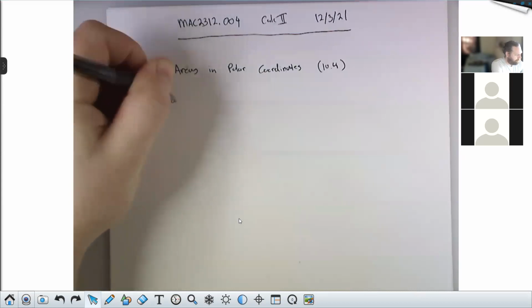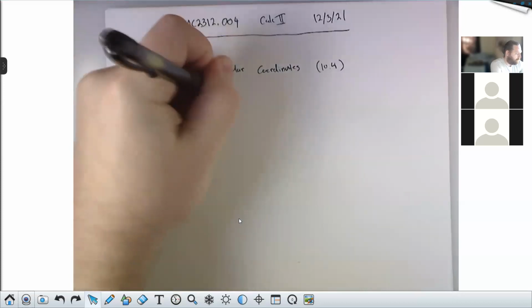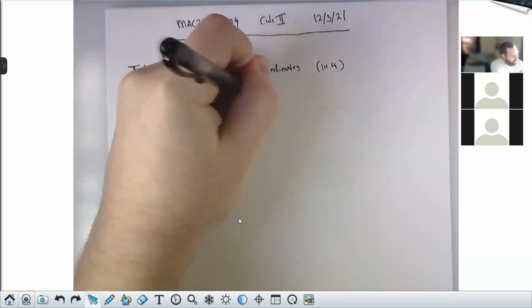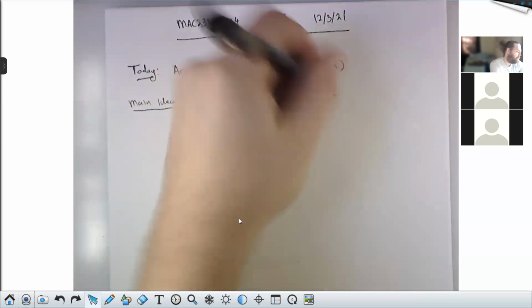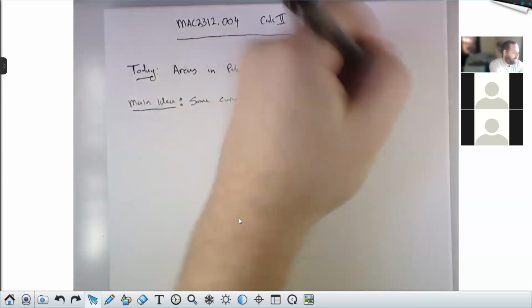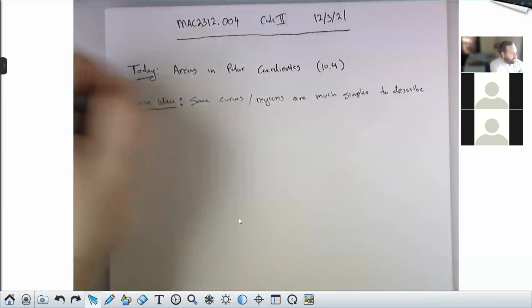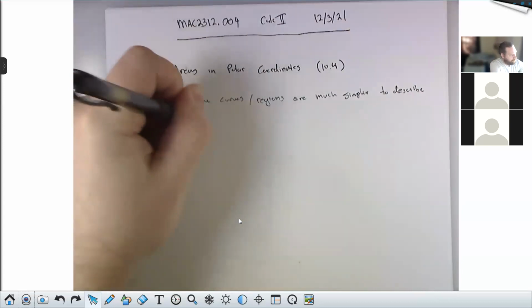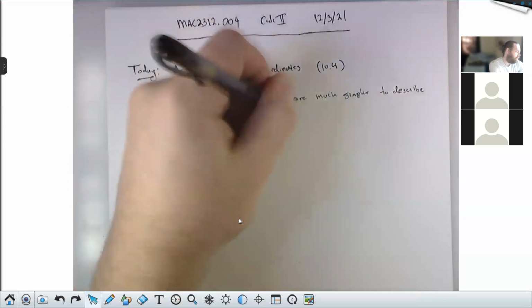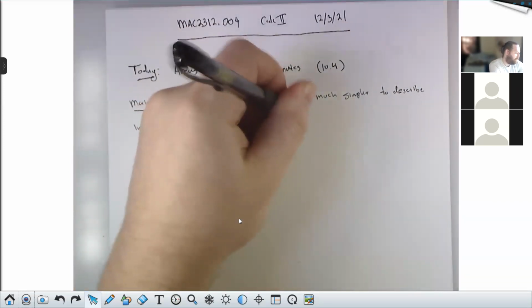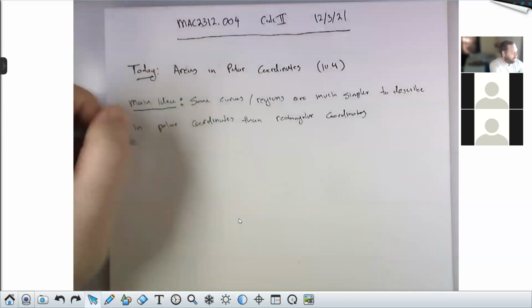Main idea: some curves and regions are much simpler to describe in polar coordinates than rectangular coordinates. For example, the unit circle.